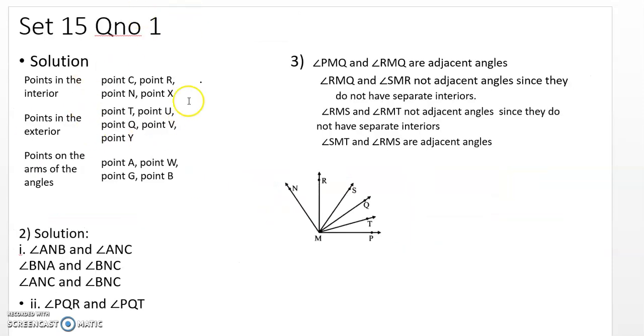Now students, I have solved some sums of set 15. This is question number 1, then this is question number 2 and question number 3. Now you know which points are in the interior, exterior, and which points are on the arms.